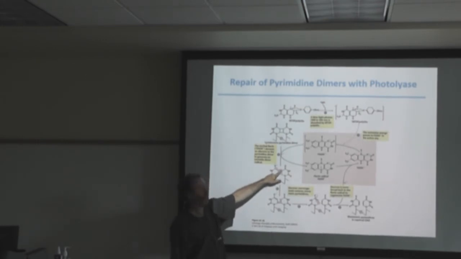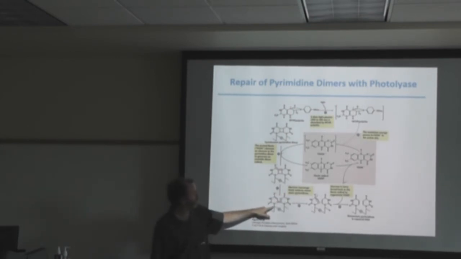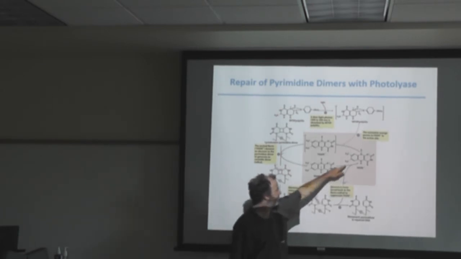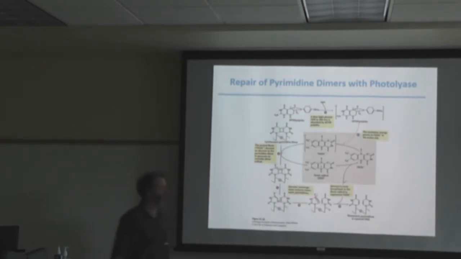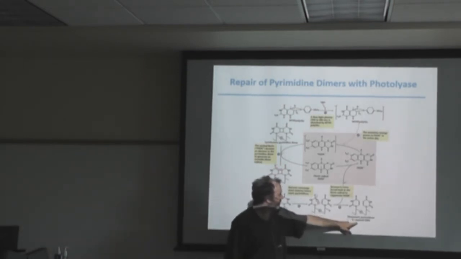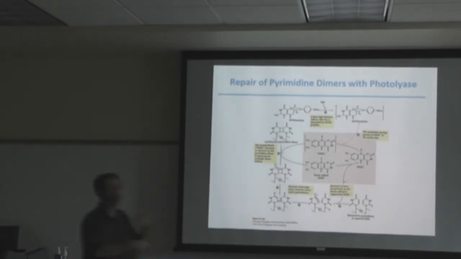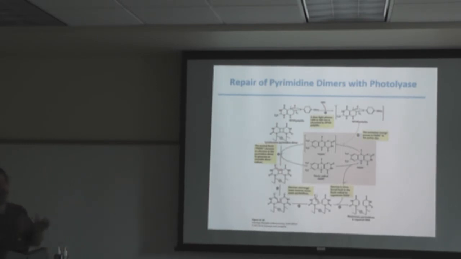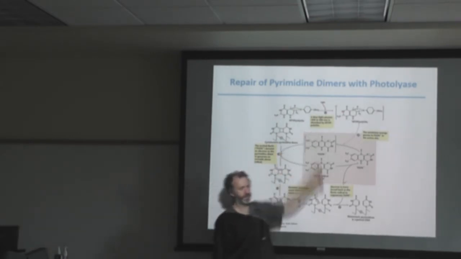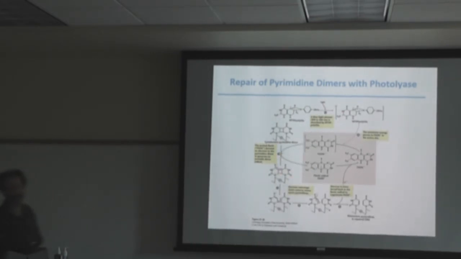You add the electron here, there's the dimer. The electron rearrangement restores monomeric pyrimidines. The electron is then transferred back to the flavin to regenerate the FADH negative, and the monomeric pyrimidines are repaired. So in other organisms, not humans, they can repair the pyrimidine dimer directly via absorption of blue light rather than ultraviolet light, just a lower wavelength.